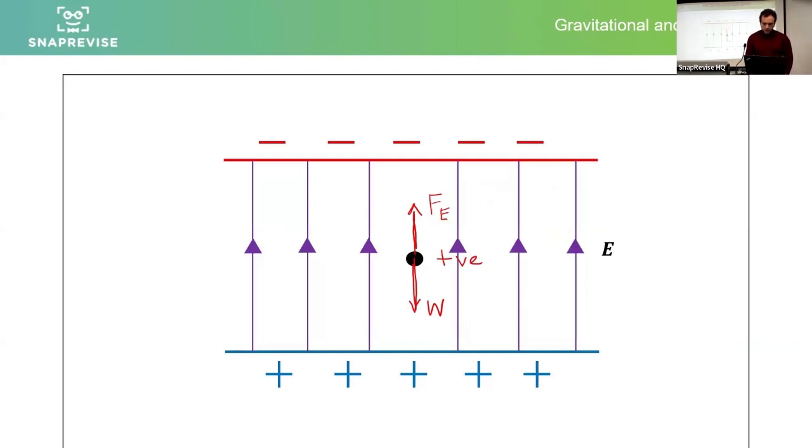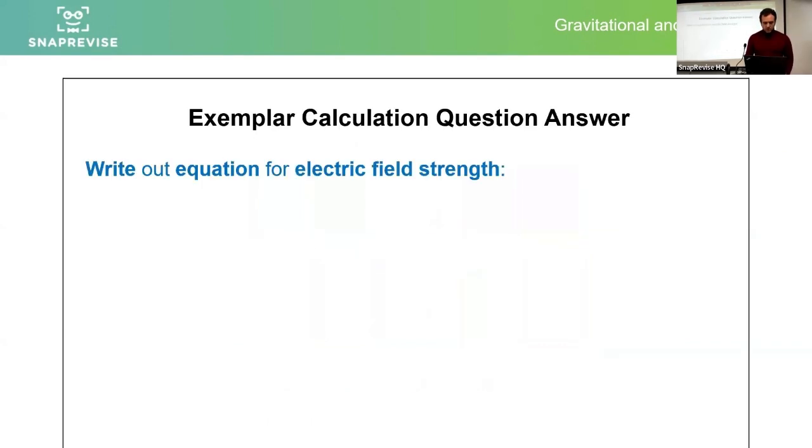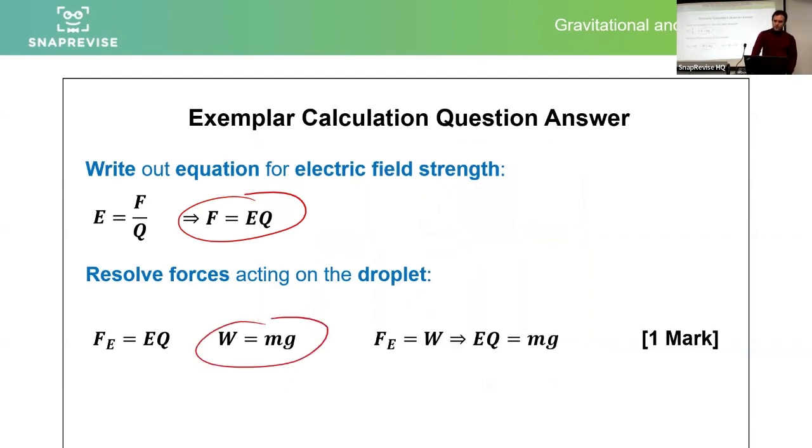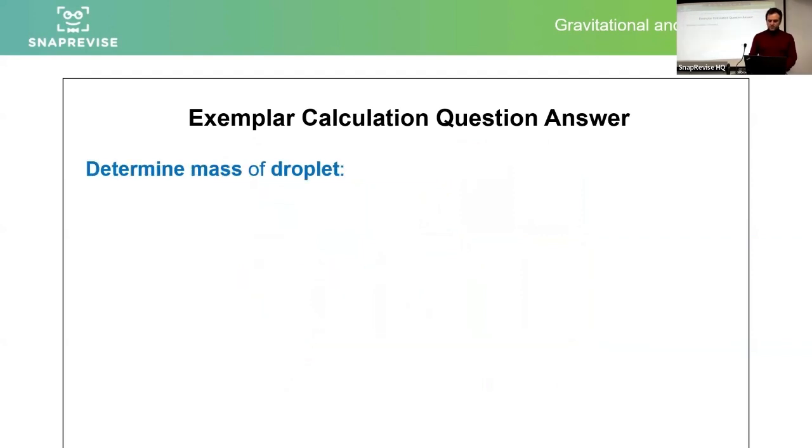We've got equilibrium between two forces, so we want an expression for the force due to the electric field, F equals EQ. And we also want the weight of the droplet, mg. But we're not given the mass, and so setting these equal to each other, that's the basis of our equation.